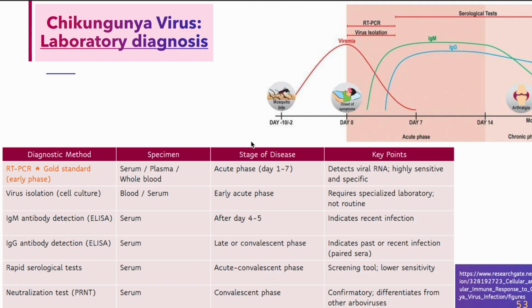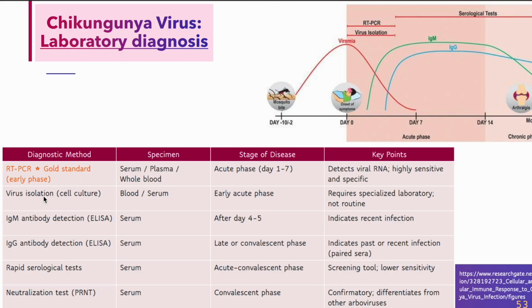Okay, for the laboratory diagnosis, the gold standard for the early phase is still RT-PCR, or reverse transcription PCR. The specimen can be serum, plasma, or whole blood. In the acute phase, from day 1 to day 7, you detect the viral RNA, which has high sensitivity and specificity.